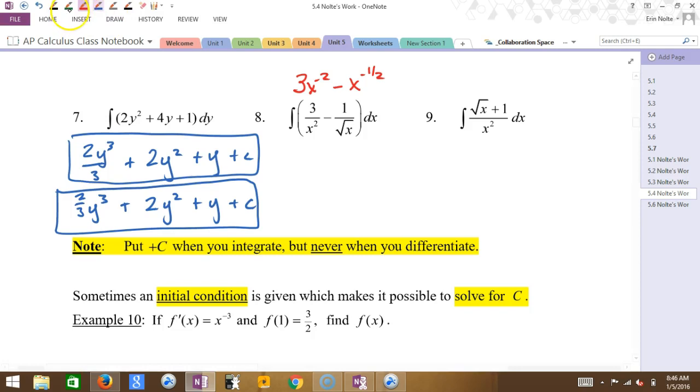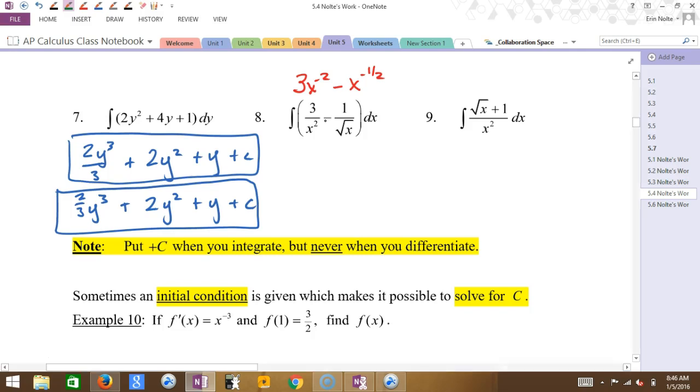Okay, so what is the integral of 3x to the negative 2? Remember, you're adding 1. n can be negative 1 because we'll simplify it afterwards when we're finished.